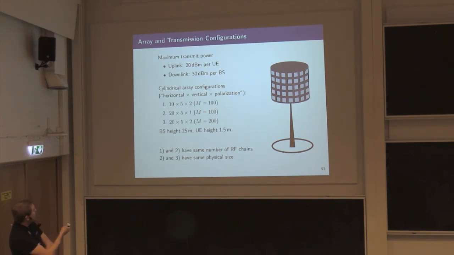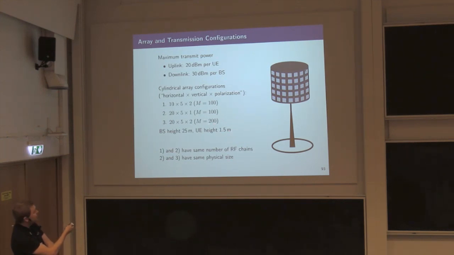Or I can have 20 antennas around, 5 vertically, and only 1 polarization. And in the case where I have 200 antennas, I look at the same 20 around, 5 vertically, and 2 polarizations. I assume that the base station is 25 meters above the ground. The users have a height of 1.5 meters.